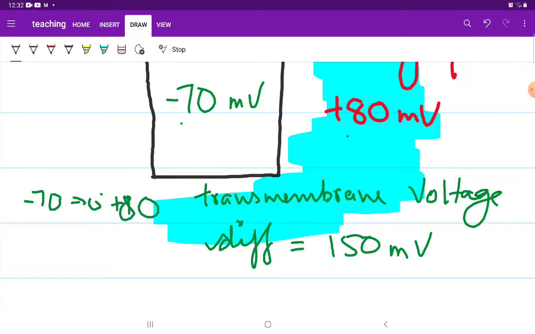So the difference is 70 plus 80 equal to 150 millivolt.